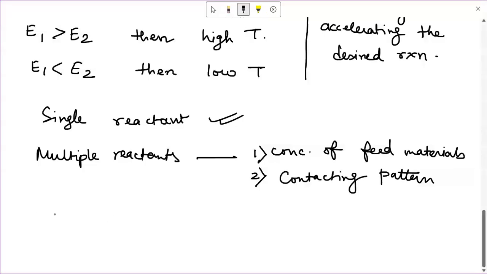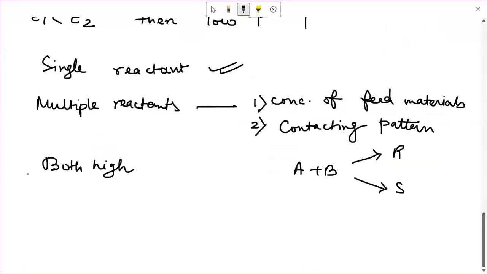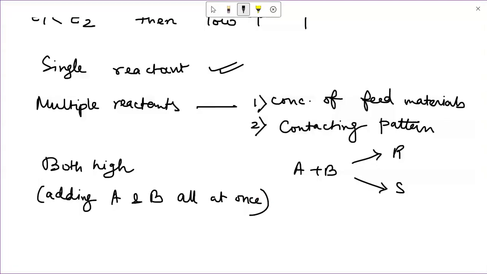Contacting pattern means, let's say you have a reaction like A plus B gives R and also gives S. You can have a contacting pattern such that A and B are both having high contact. It means you are adding A and B all at once. That can be one configuration.